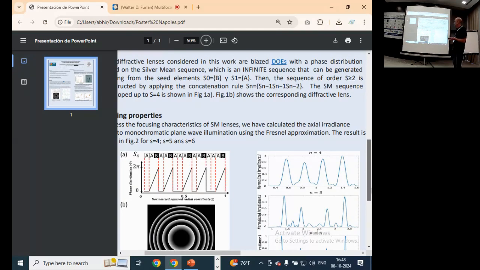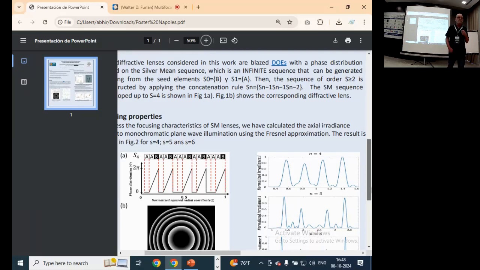This is a diffractive lens. So in this part of the slide, you can see the surface profile of the lens, which is a kinoform lens. This is a diffractive lens, which can be converted into a lens with symmetry of revolution around the center of the lens.